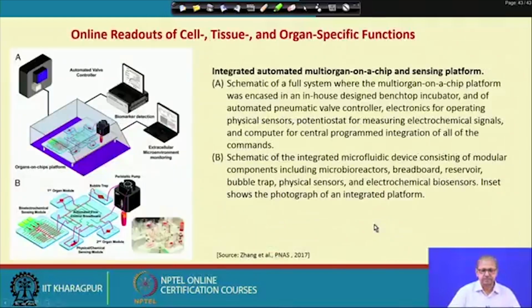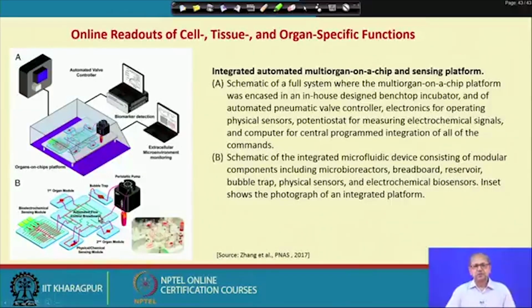So, this is an example of how an online monitoring system is developed. Say there are two organs, a liver and a heart, connected through a microfluidic platform, and an online monitoring system is developed with, say, a bioelectrochemical sensing module and physical and chemical sensing modules, where the fluids are monitored automatically, without any disturbance, for their cellular behavior.